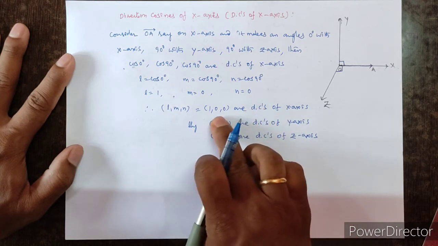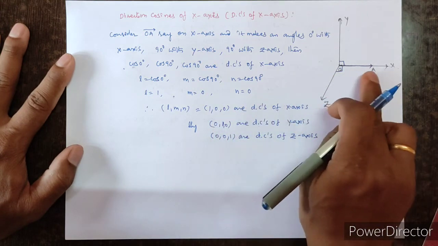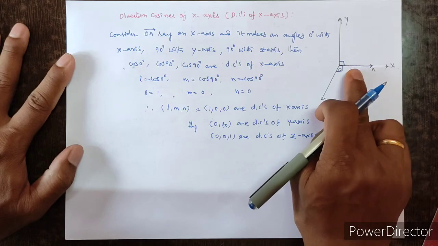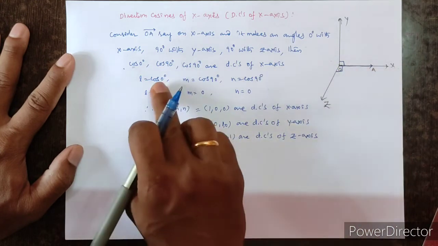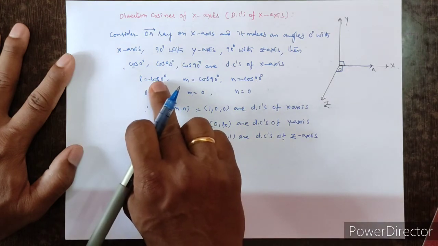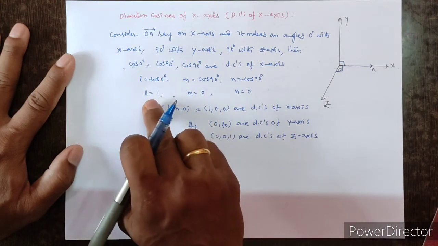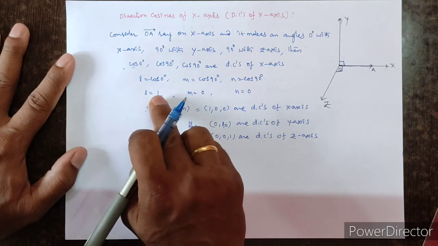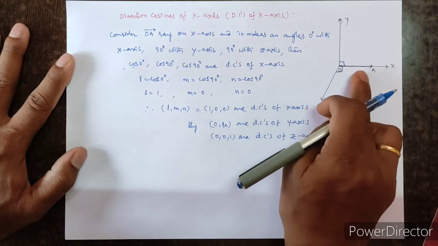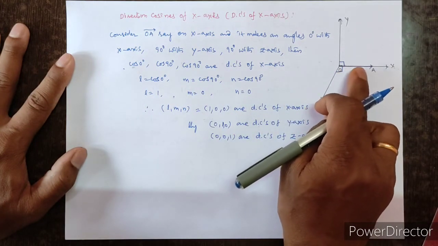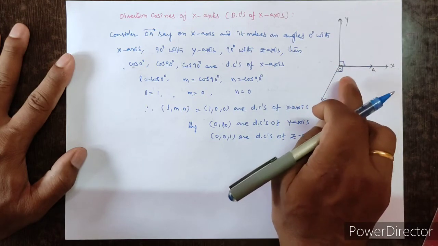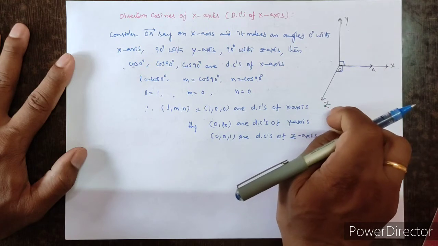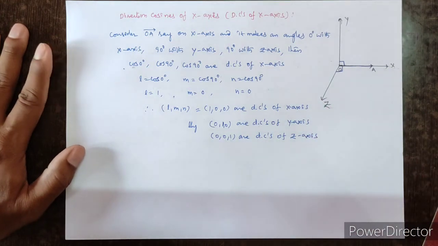Because the OA ray is on the x-axis, alpha is 0 degrees, then cos alpha is L, so cos 0 is 1, therefore L equal to 1. Like that, this OA ray is on the x-axis, so it makes an angle of 90 degrees with the y-axis and 90 degrees with the z-axis.